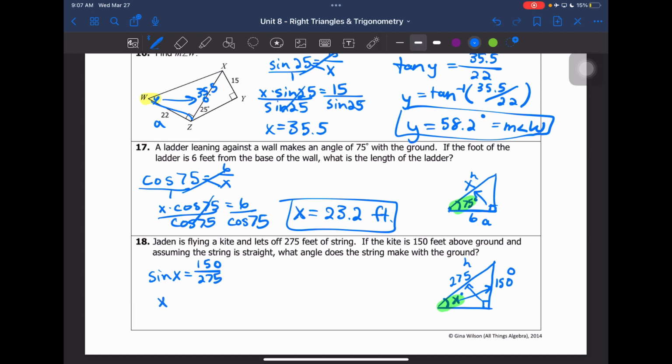To find x, I need to use inverse sine. So the inverse sine of 150 over 275 is equal to 33.1, and because it's an angle measure, I'm going to put the degree symbol there. And that's my answer there.